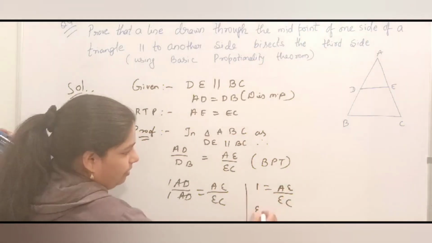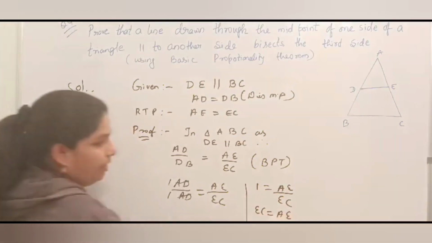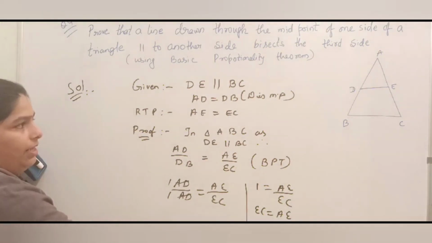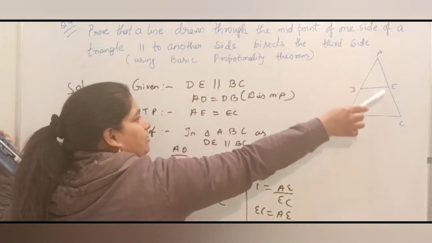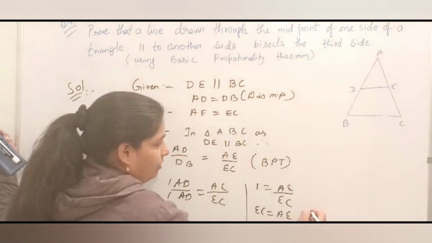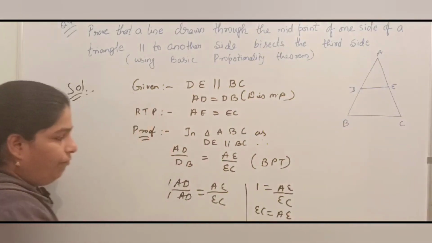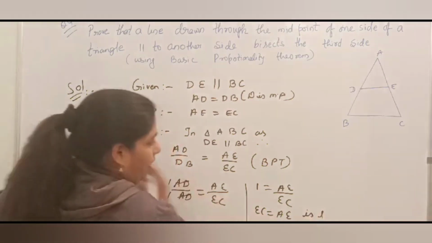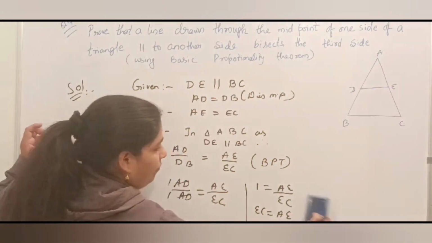If I multiply by EC here, EC is equal to AE. Therefore, as EC is equal to AE, that means E is the midpoint of AC, which is the thing we have to prove.